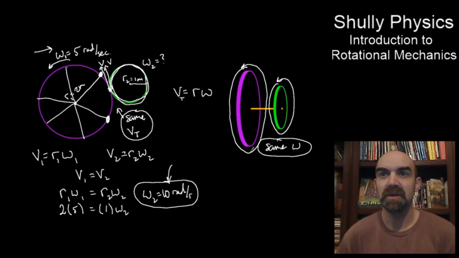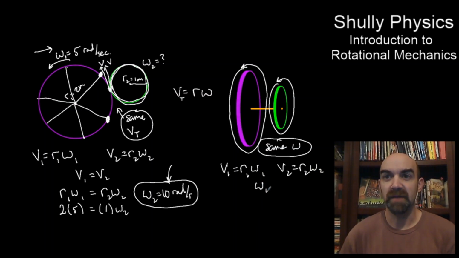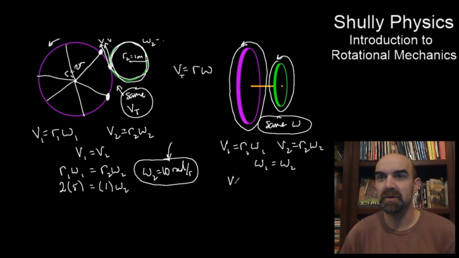So if we compare v1 equals r1 omega 1 and v2 equals r2 omega 2, if they have the same angular velocity because their axles or the axes are connected, that means omega 1 is equal to omega 2. And if we solve that ratio, v1 over r1 would then equal v2 over r2.